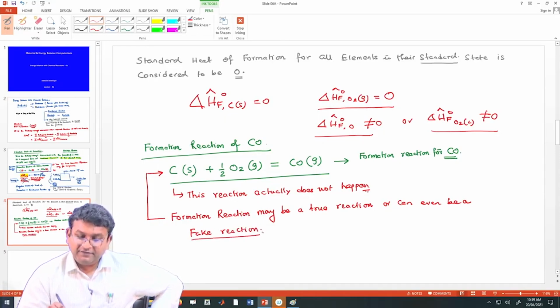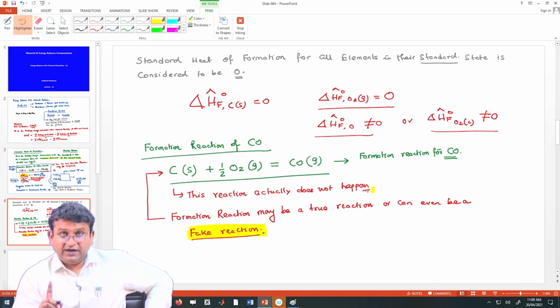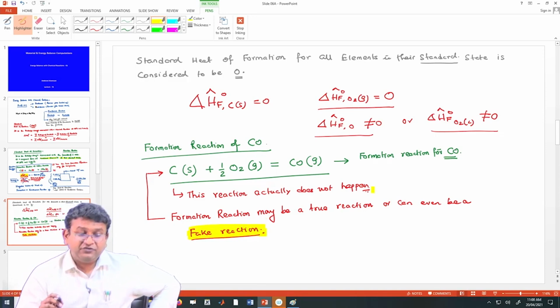This is very interesting. So, a formation reaction may not happen, it might be a fake reaction, but it does not matter. When you are writing the formation reaction, this is how it should go.